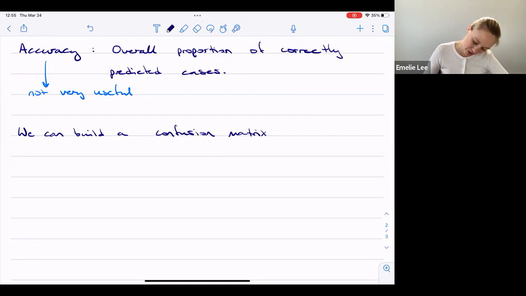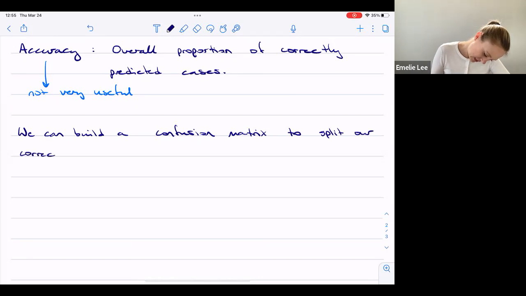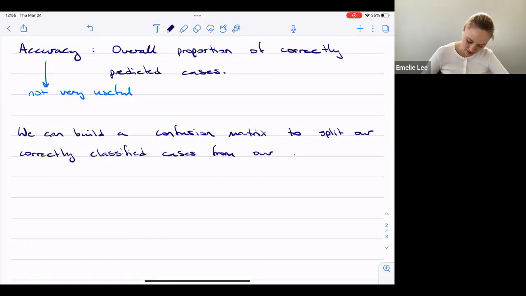We can build a confusion matrix to split our correctly classified cases from our misclassified cases.